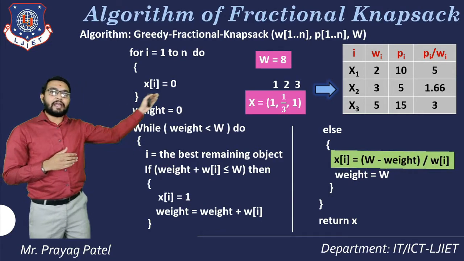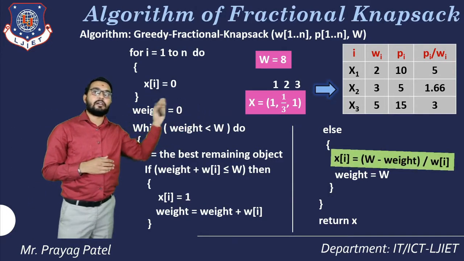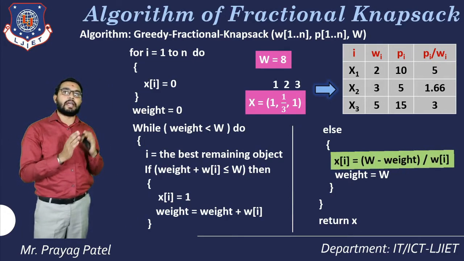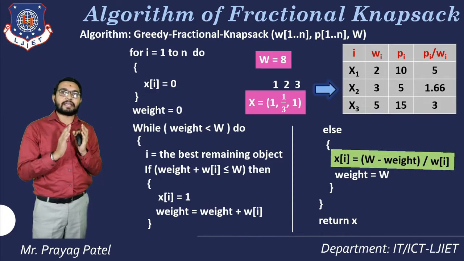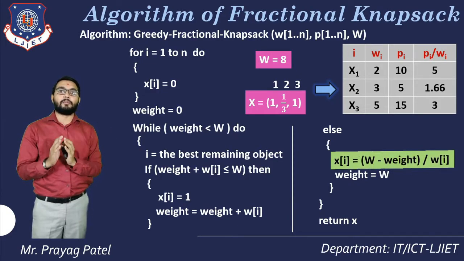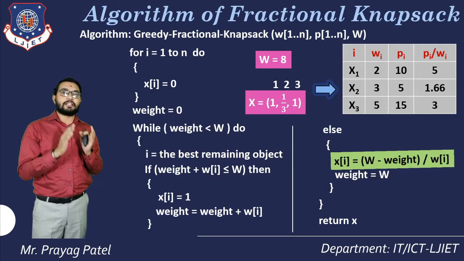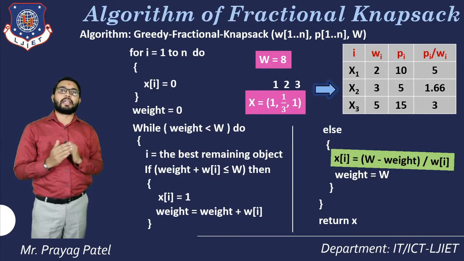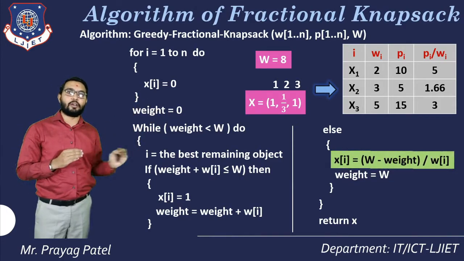So here we write in this sequence x equal to 1, 1 by 3, 1, because the first and third objects are selected, and the second object is selected but not completely. Here consider the fractional part: out of the 3 kg we select only 1 kg, so we write the 1 by 3 option.